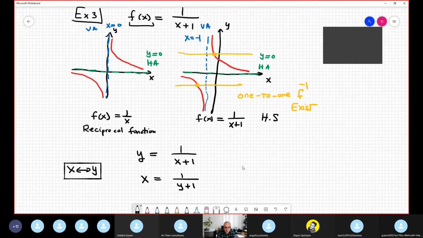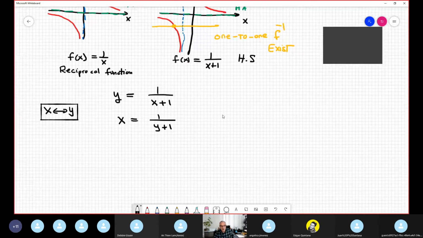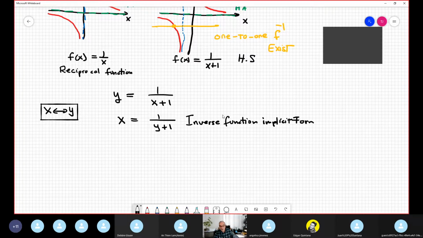So this is the inverse, but the only problem is that it is implicit. This is the inverse function in implicit form. In order to find the explicit form, you do some algebra to isolate the y.